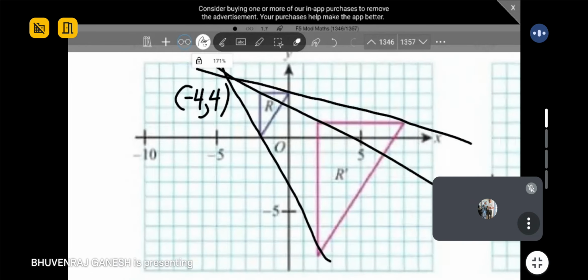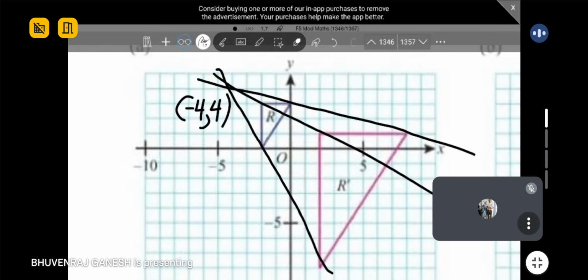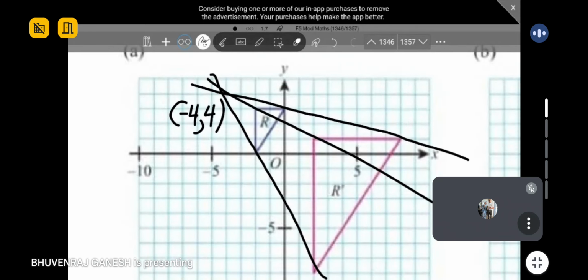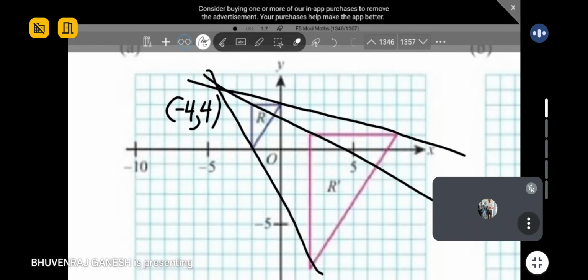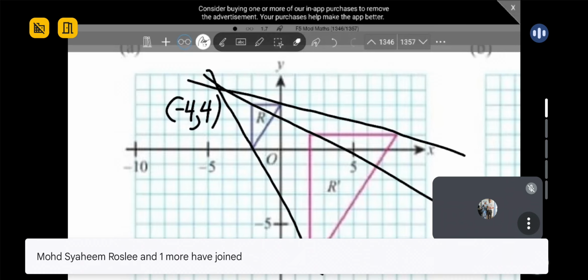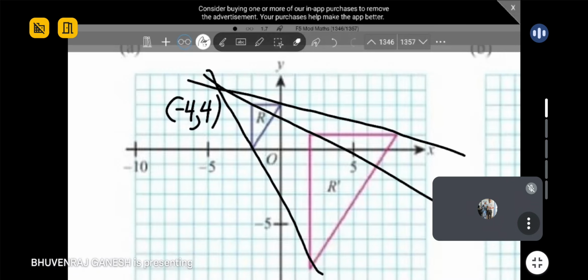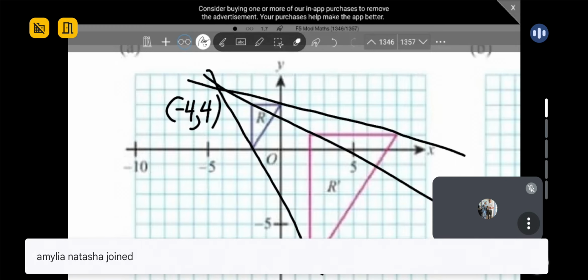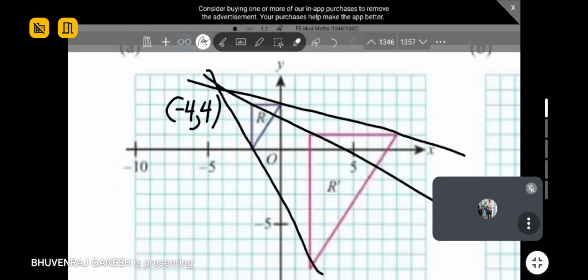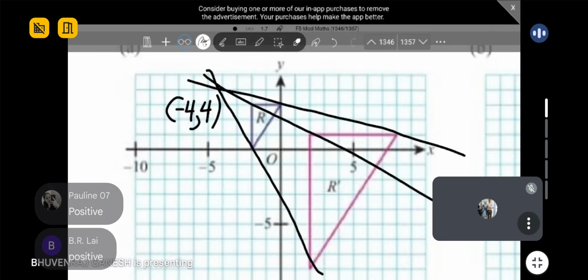Center of enlargement. Okay. So now, guys, I ask you all, is this positive or negative enlargement? Mana satu? Pembesaran positif atau pembesaran negatif? Kalau kedudukan macam ni, the position is like this now. So what type of enlargement?